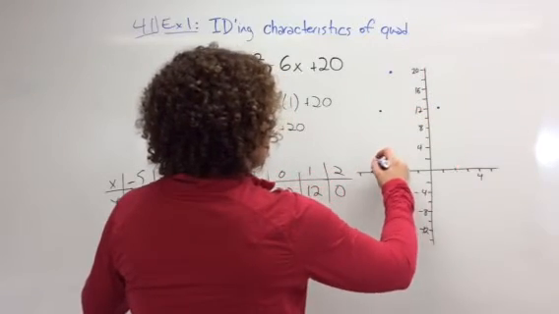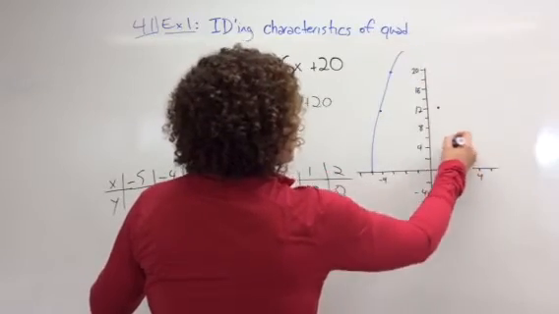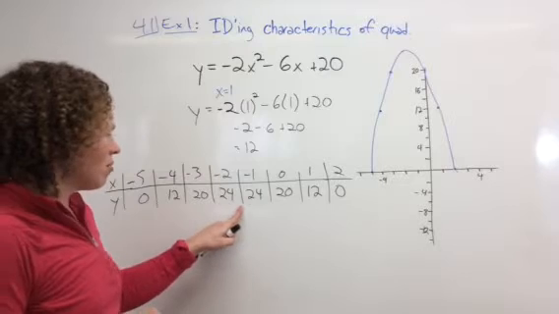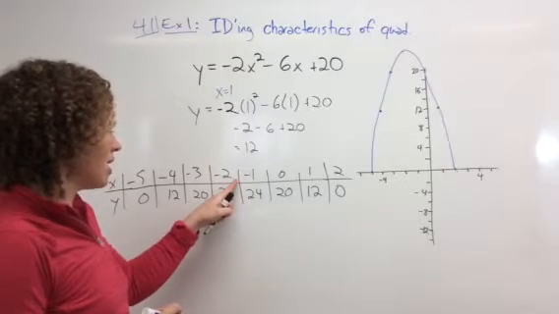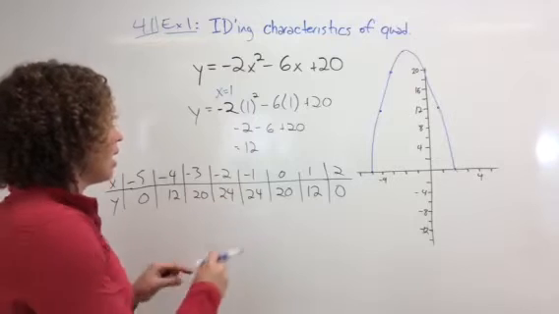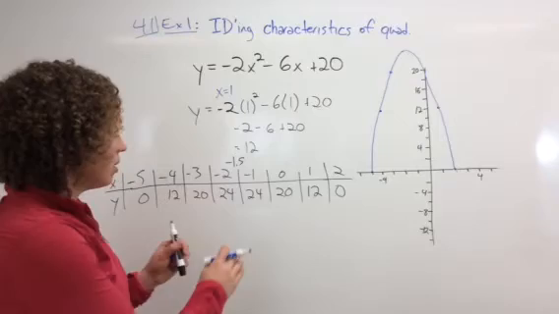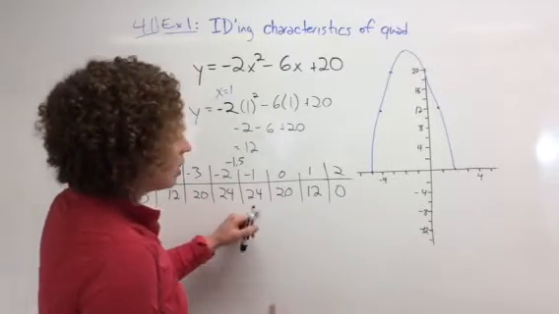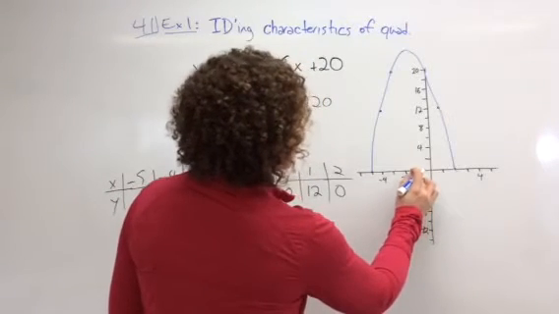So I'm just going to roughly draw this out now with the points that I've got. It's going to look like that. And it's going to cap out somewhere between these guys. Actually, it's going to cap out at exactly -1.5, because that's where these two, I've got -1 here and -2 here.